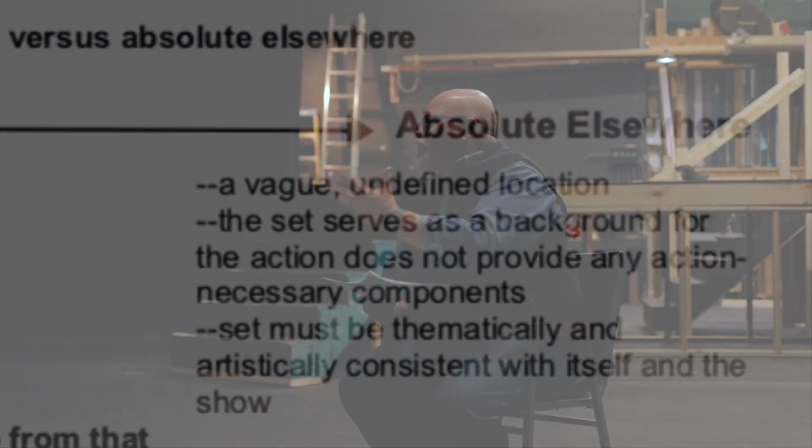So my description of Steel Magnolias, I think very much is an absolute somewhere set. People need to see Truvy's beauty shop. I don't know if any of you saw Nana's Naughty Knickers a couple of years ago. We had all these cabinets that opened up and all that sort of stuff. The cast literally interacted with the set. So we had to have all that stuff. It had to be there.